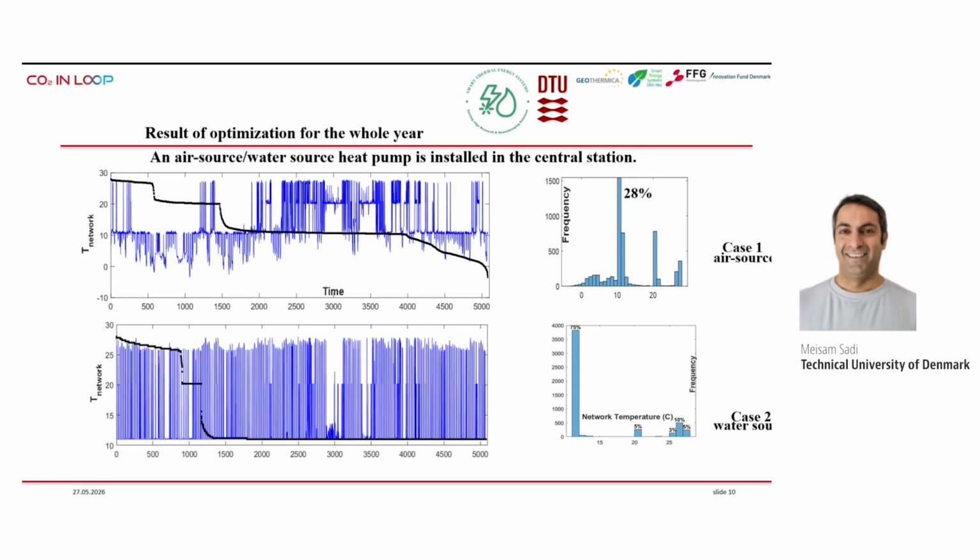We have that as the optimum value for the network temperature when we have the air source.